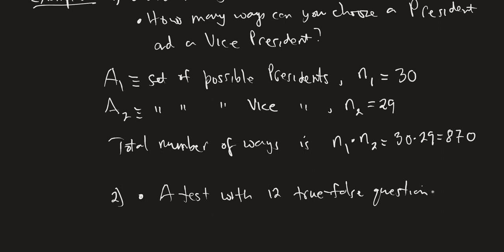There's a test that has 12 questions, but they're true, false. The question is now, how many ways can a student complete this test?